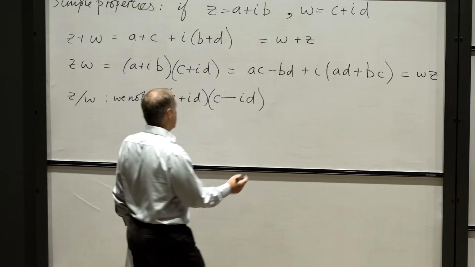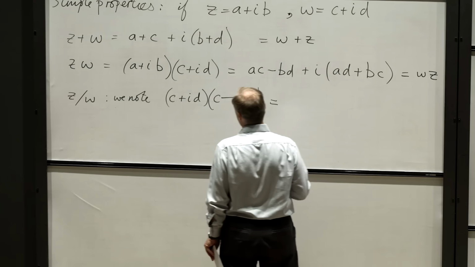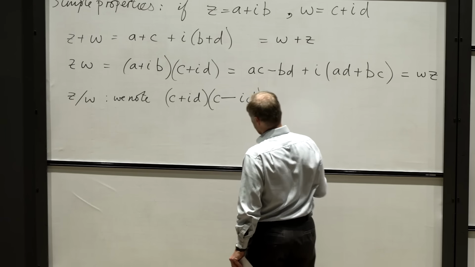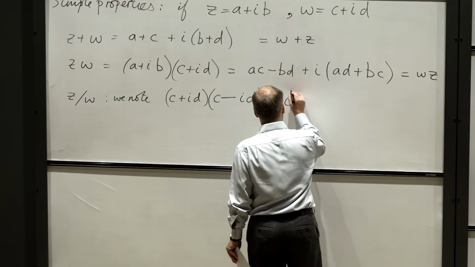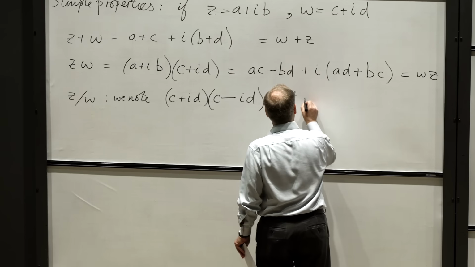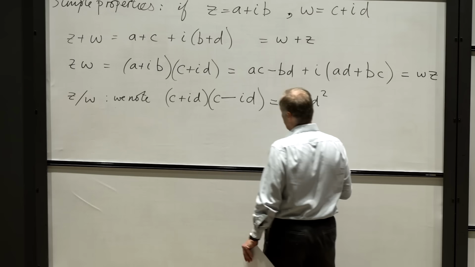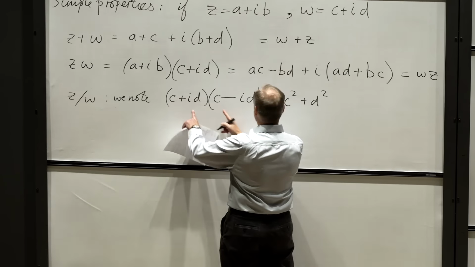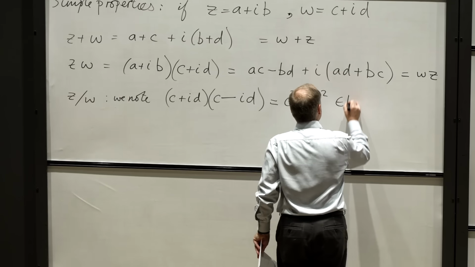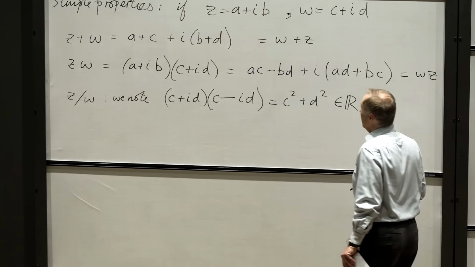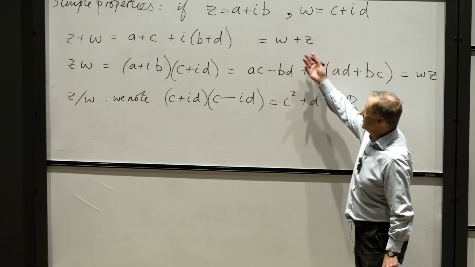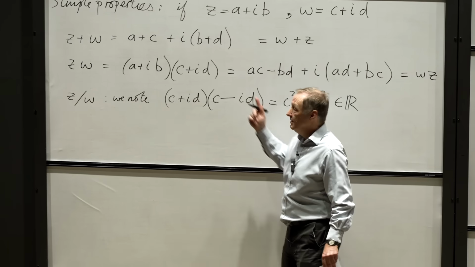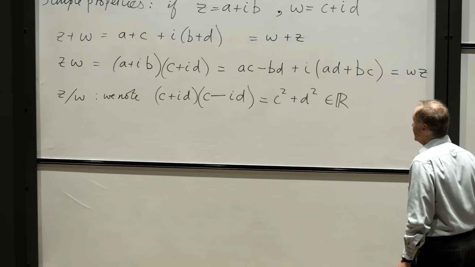Okay, then this, by the definition of the product here, is C squared plus D squared. Okay, because the cross terms cancel. And this, you'll notice, is a real number. So these were clearly complex numbers, right? But this is a real number.